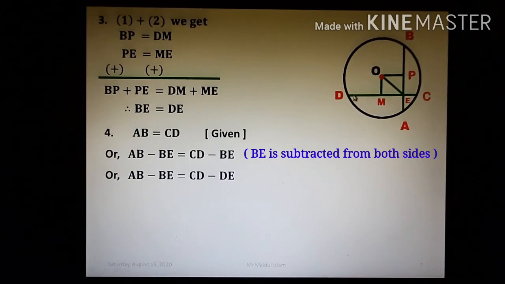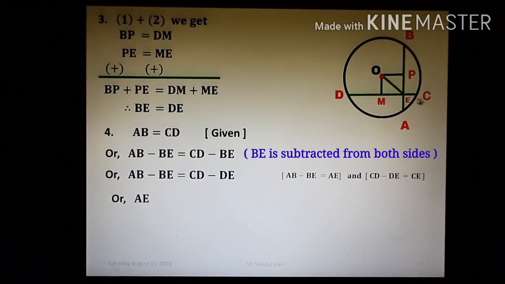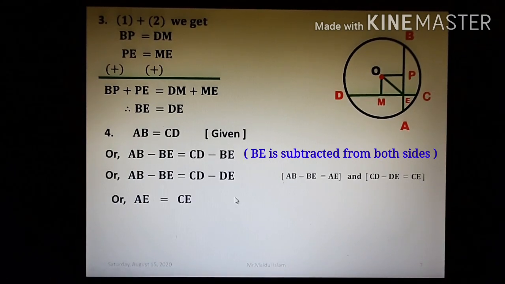When we subtract DE from CD, it becomes CE. So my dear students, what I have written here: AB minus BE is equal to AE. Again you can write CD minus DE is equal to CE. Up to this, do you have any problem, my dear?